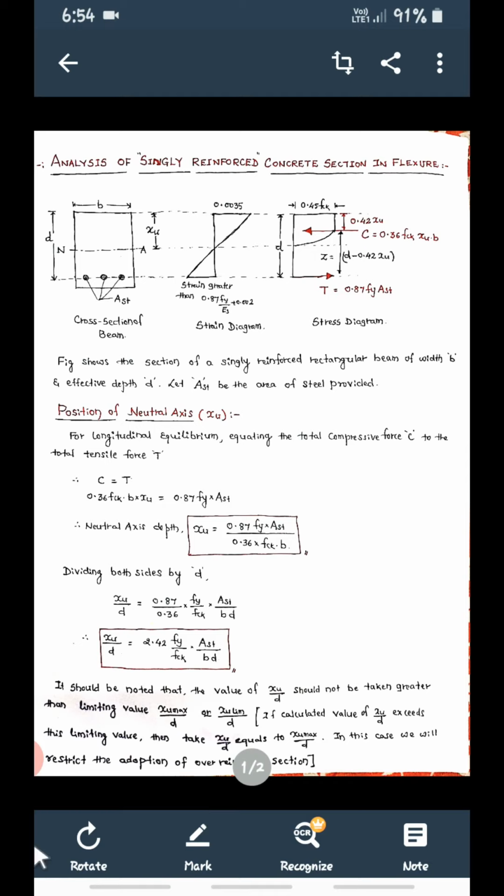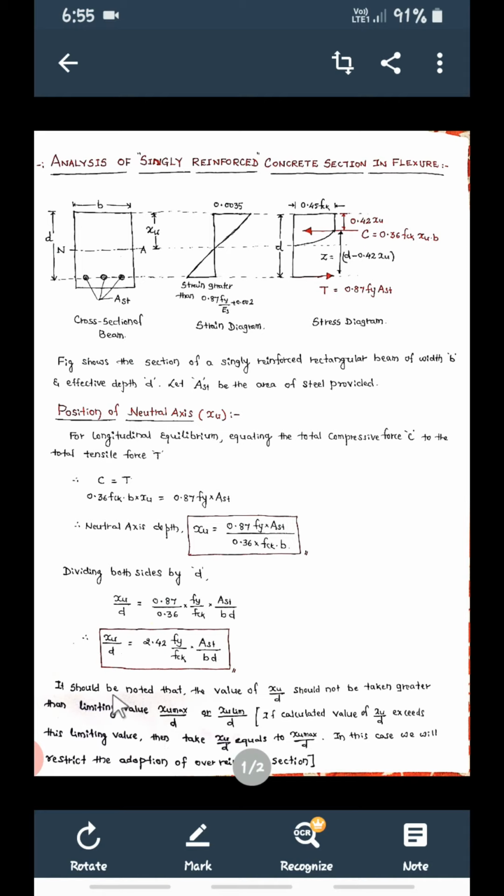And one more important note you can make here. It should be noted that the value of XU by D, when you calculate it, should not be taken greater than the limiting value. One more term we're going to introduce, that is XU max upon D. This is the limiting value.